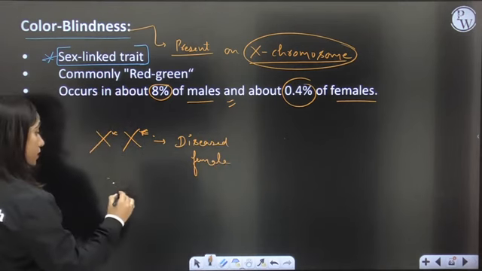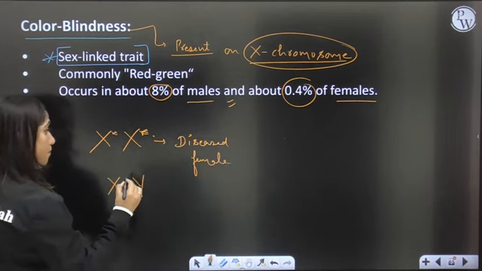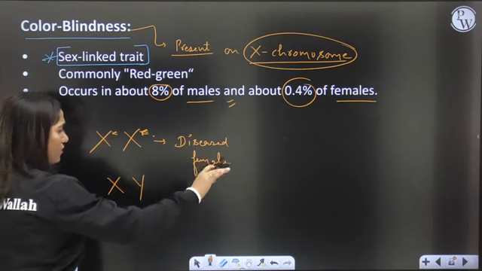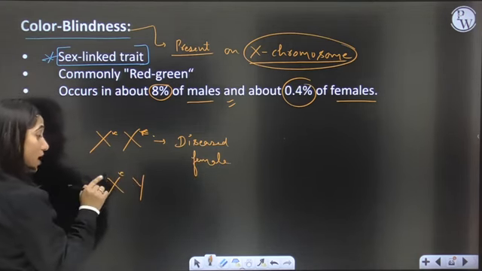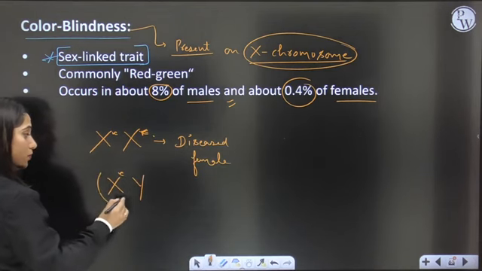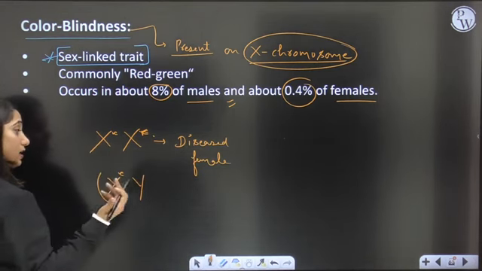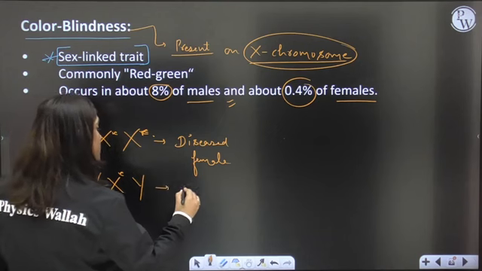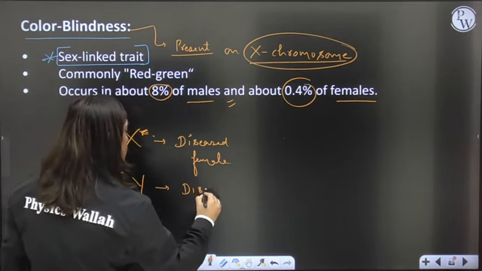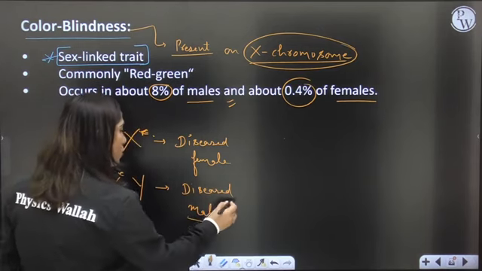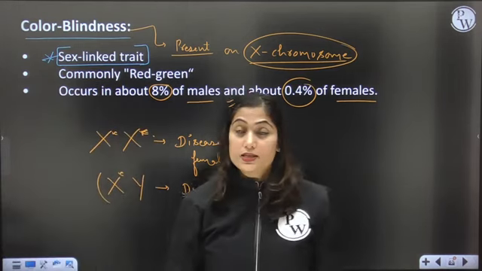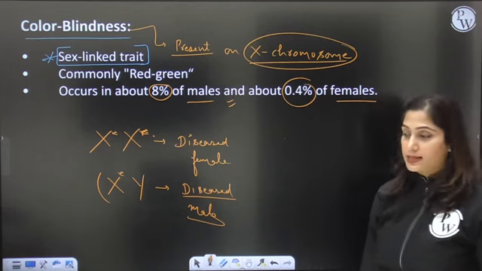Okay, but in a male, only one copy of the recessive allele is enough for causing the disease. So this question often comes: why is color blindness seen more in males as compared to females?